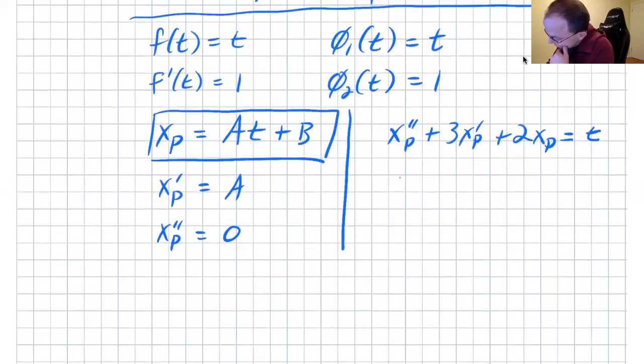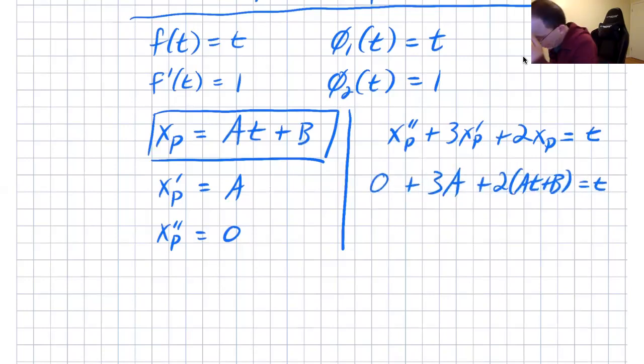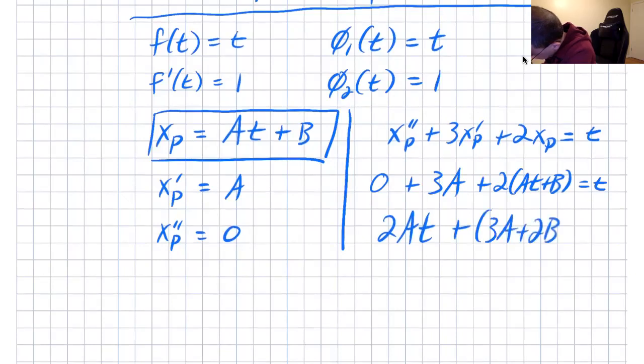So we have 0 plus 3 times a plus 2 times at plus b is equal to t. Okay, so we get 2at plus 3a plus 2b equals t.